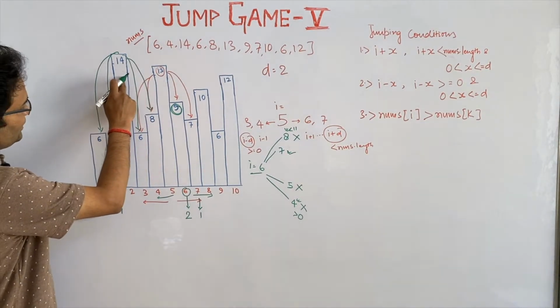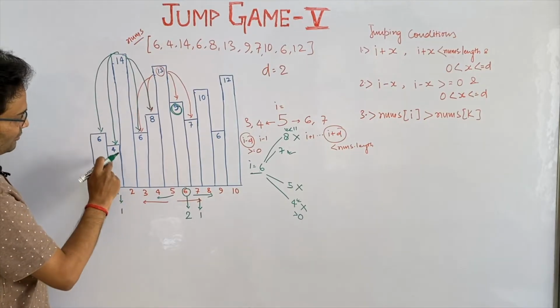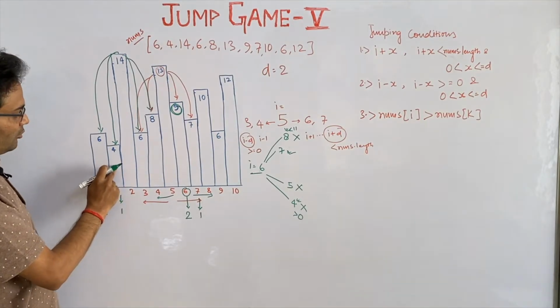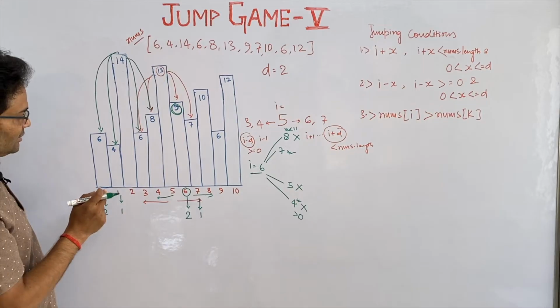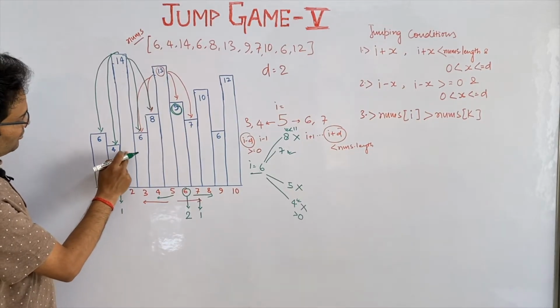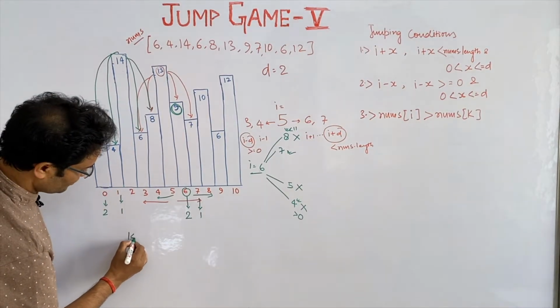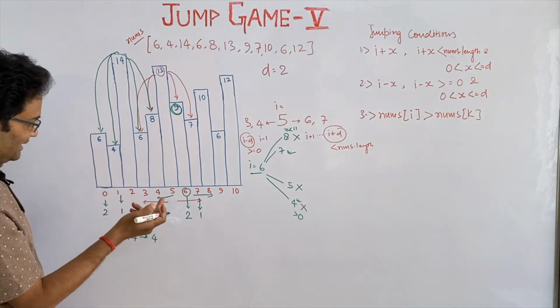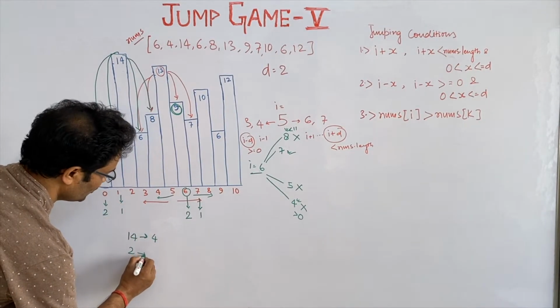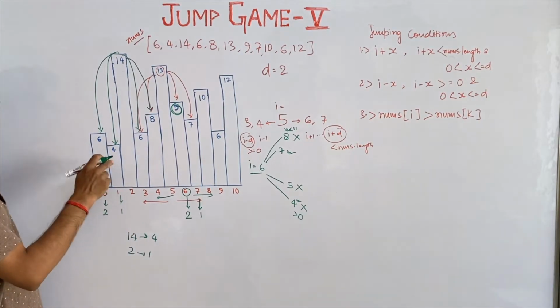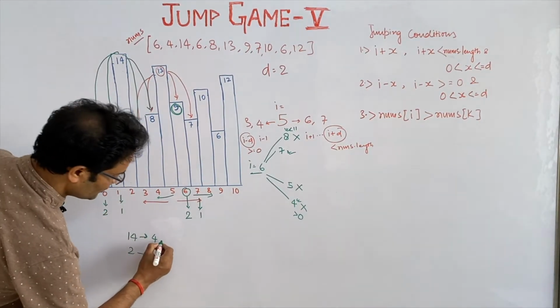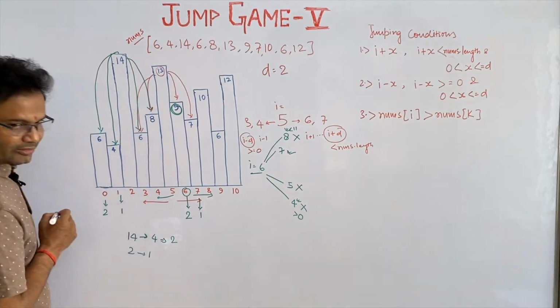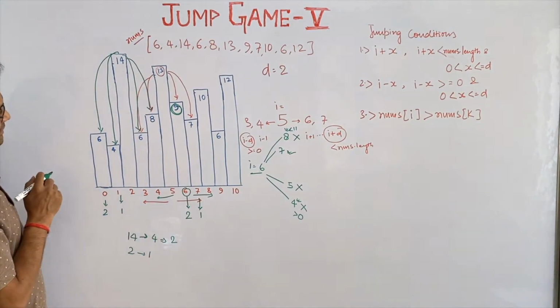So from 14, if you come to the 4, from 4 I can't go anywhere, right? So if you choose this path from 14 to 4, or index-wise from 2 to 1, after 4 I can't go anywhere. So in this way total jump is equal to 2 only. Take another option.